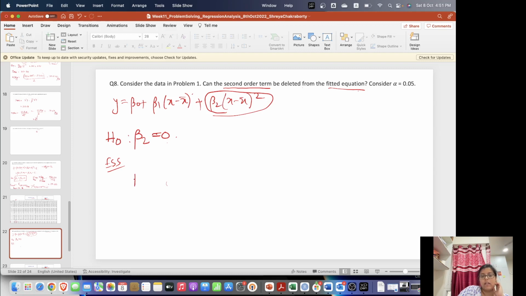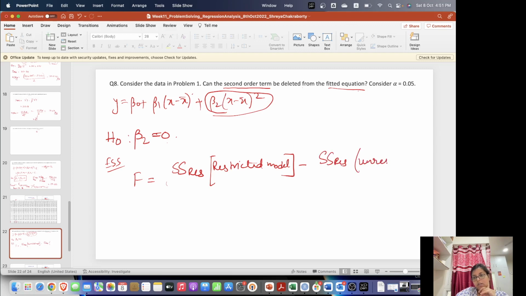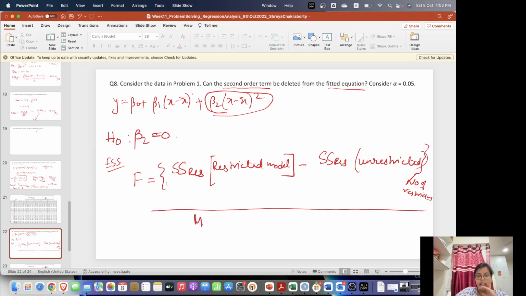So the F statistic is nothing but SS residual from the restricted model minus SS residual unrestricted divided by number of restrictions, and whole divided by MS residual from the unrestricted, which is also sometimes called full model.